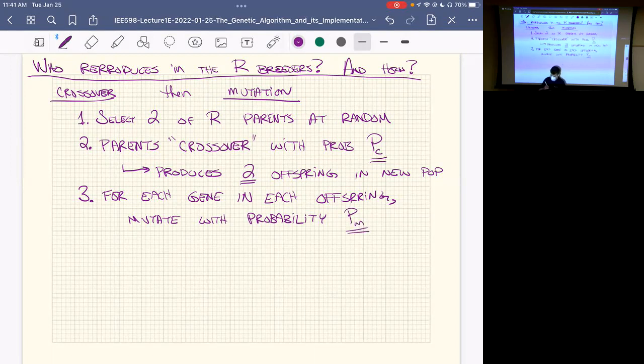And then we can repeat steps 1 through 3 until we have M minus R offspring.